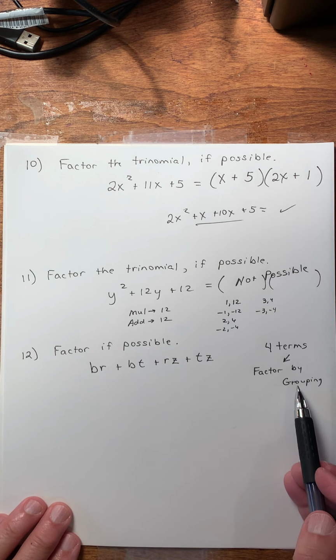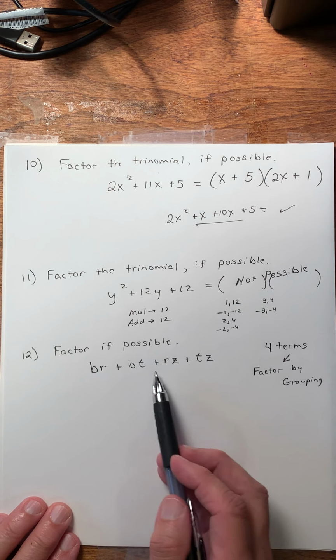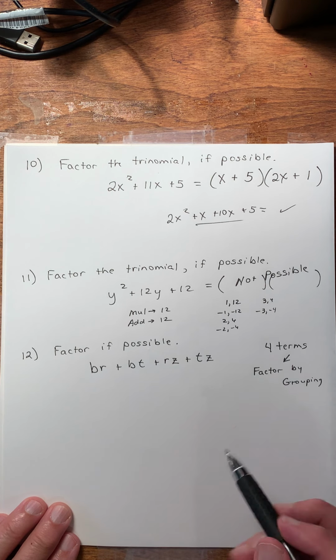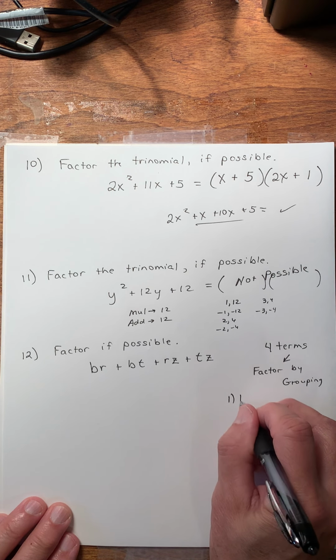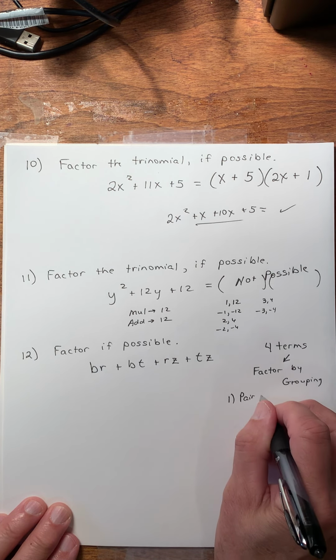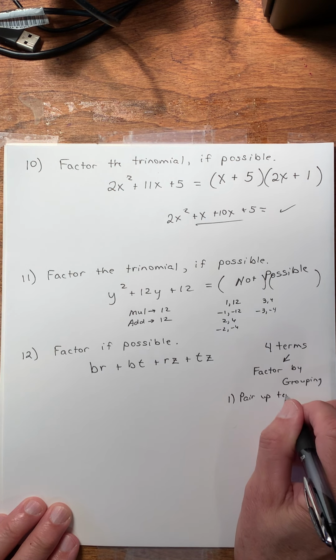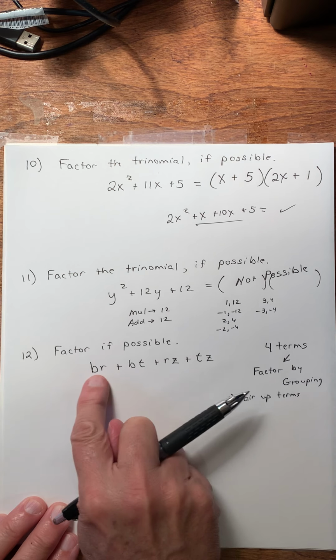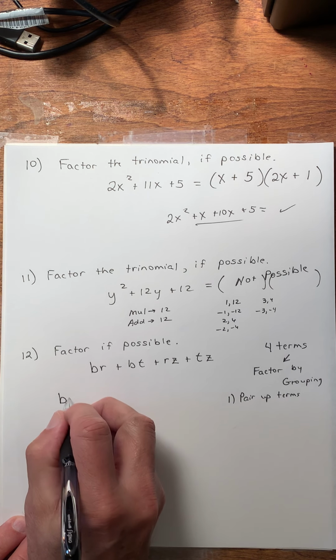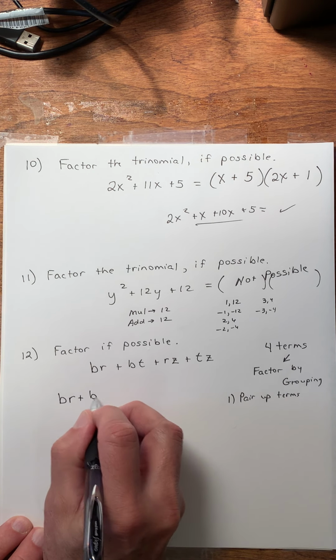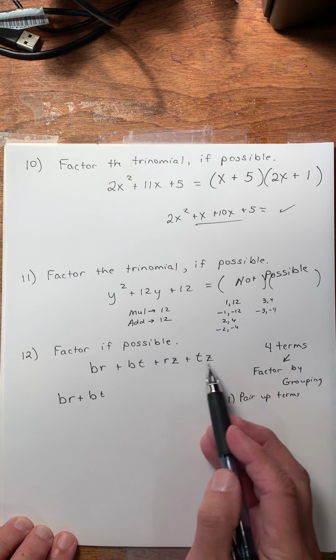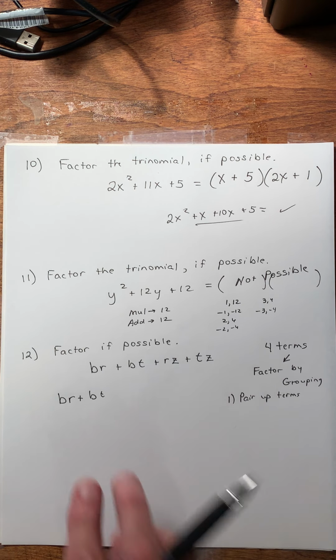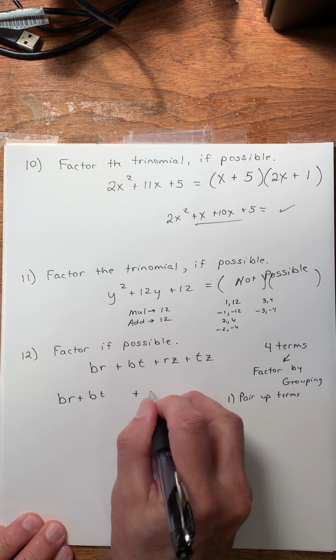And I literally group my terms into pairs. So pair up terms based on what they have in common. Hey, these two guys both have a B, right? So I'm going to put these two guys together. And check this out. These two guys both have a Z. So both pairs have something in common.